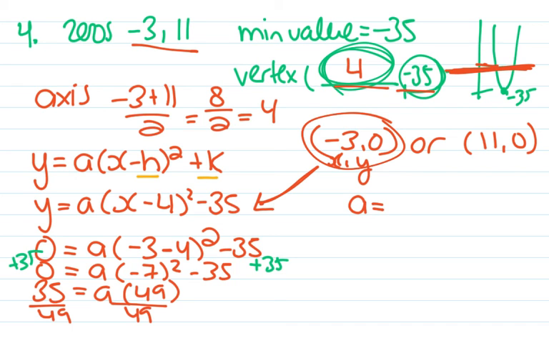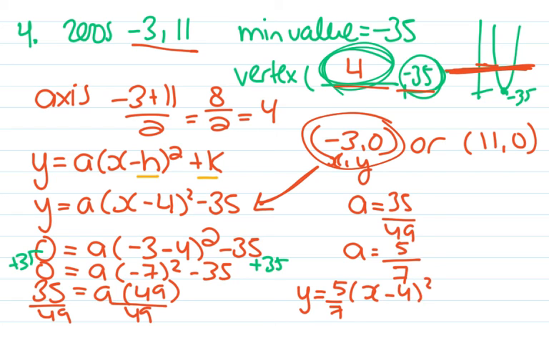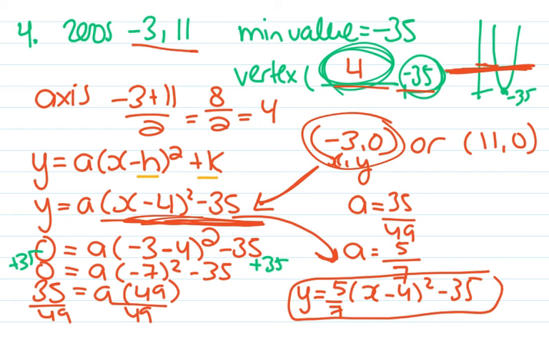So I have a equals 35 over 49, which both of those are divisible by 7. 35 divided by 7 is 5, and 49 divided by 7 is 7. So a equals 5/7. So that means my final equation is y equals 5/7 (x minus 4) squared minus 35. And I got the rest of the equation from here, which I already found earlier.